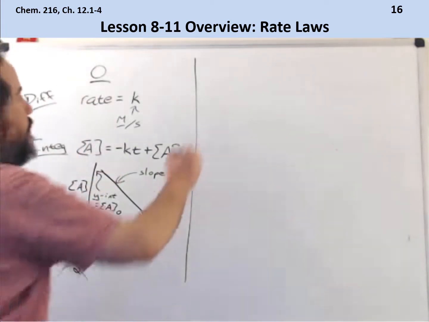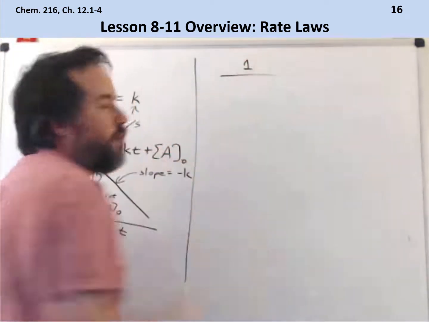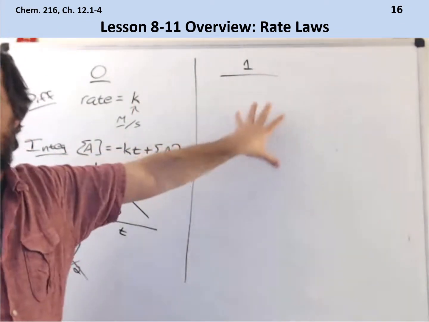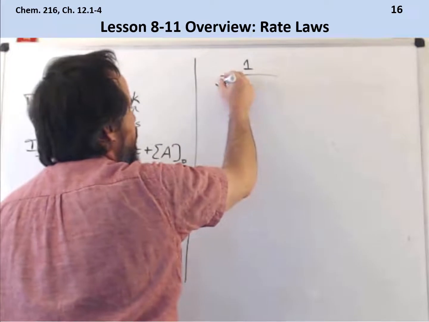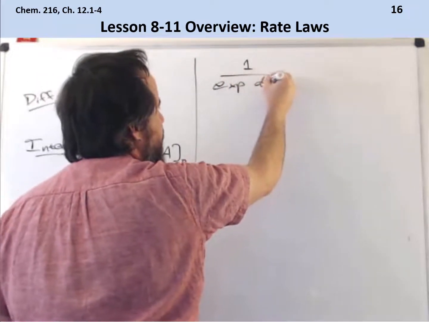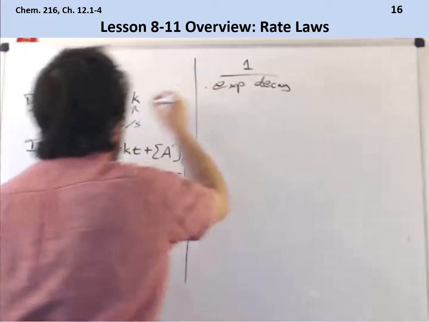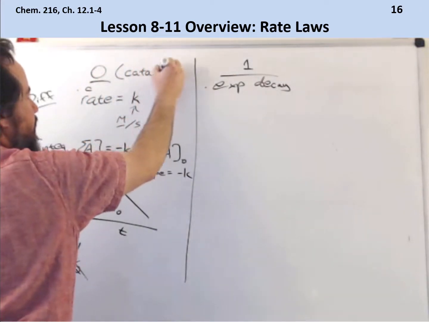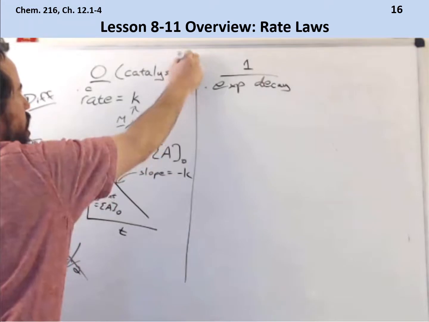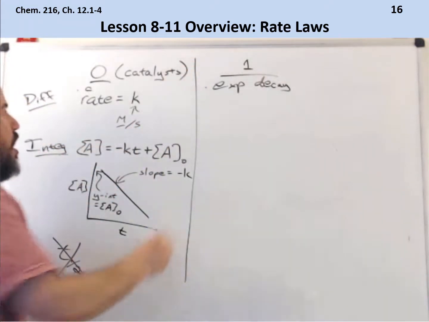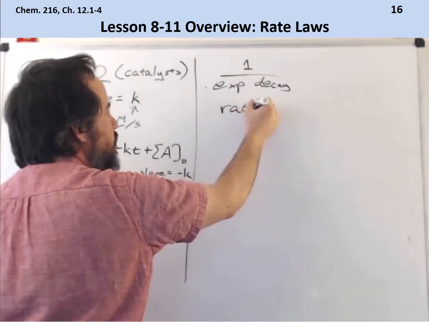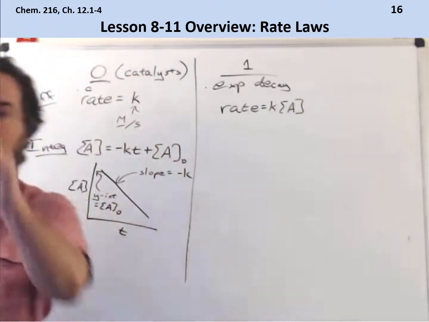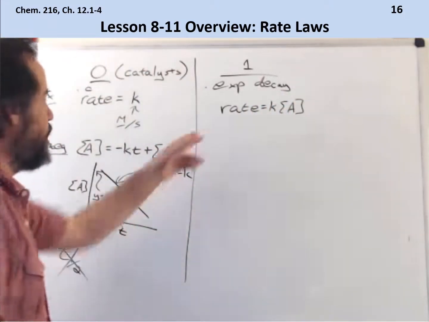Okay, let's go on to first order. First order reactions are really important. This is what we see in exponential decay or nuclear waste, and in catalysts as an example. Its differential rate law is rate equals k[A]^1, hence first order.